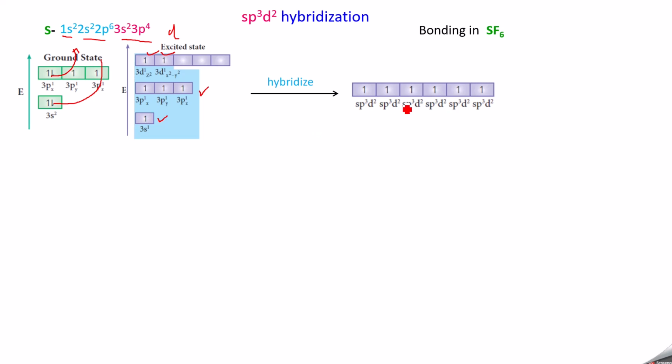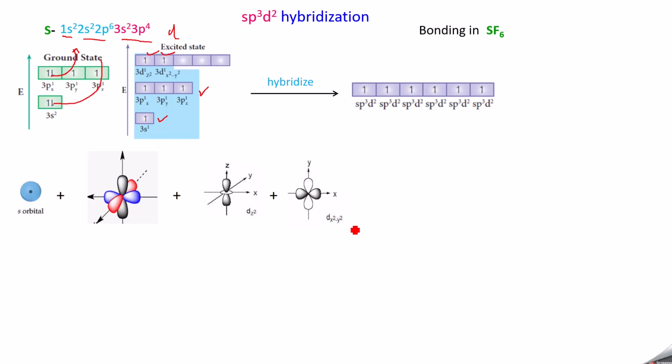Now you can show the formation of these hybrid orbitals with the help of a diagram. So you can say s orbital, then 3 p orbitals, then the dz squared orbital and the dx squared minus y squared orbital. These orbitals will undergo hybridization to form these 6 sp3d2 hybrid orbitals. They will orient in such a way as to minimize repulsion.